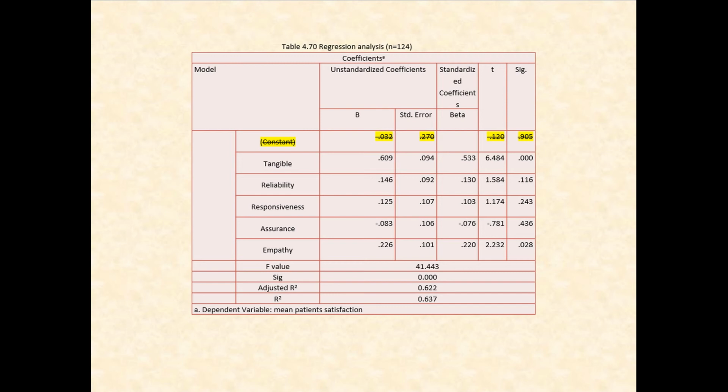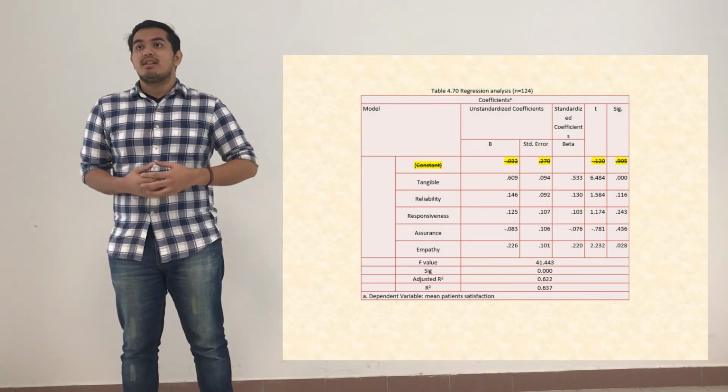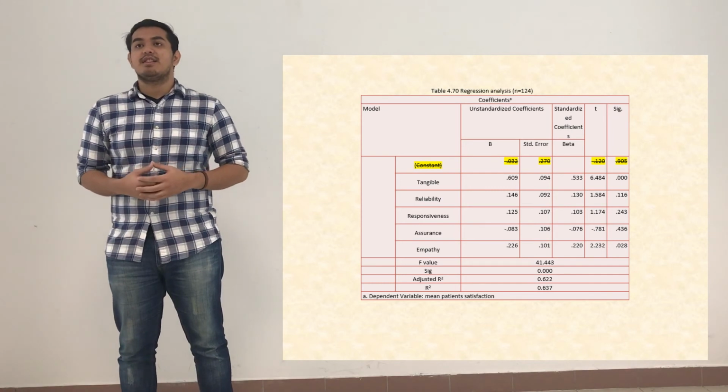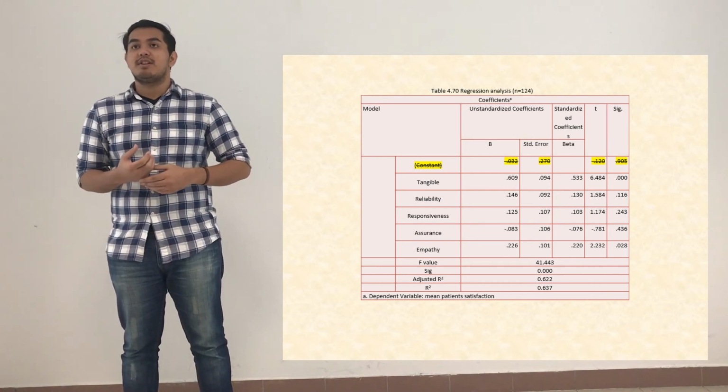Lastly, Table 4.70 shows the result of the regression analysis of patient satisfaction and the 5 independent variables regressed against patient satisfaction. R square indicates the percentage of variance in the dependent variable that is explained by the variation of independent variables.